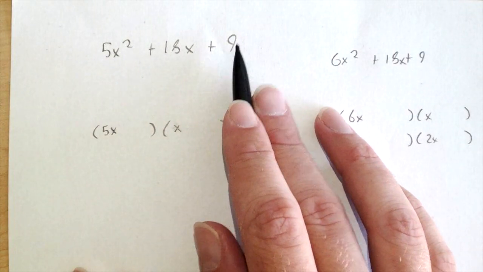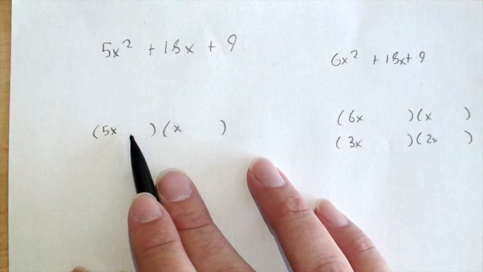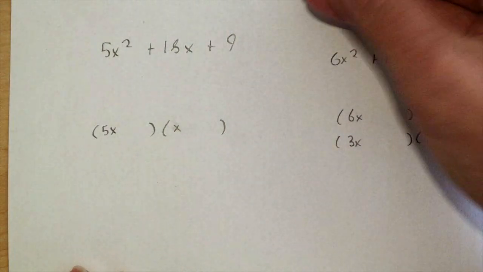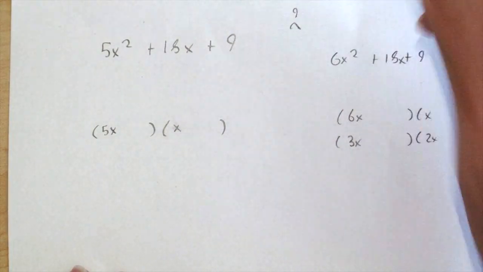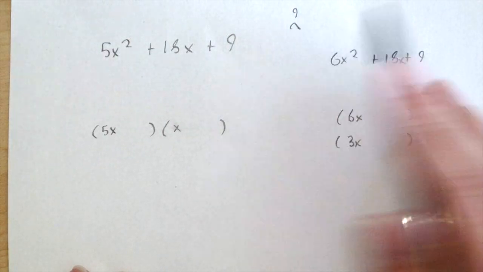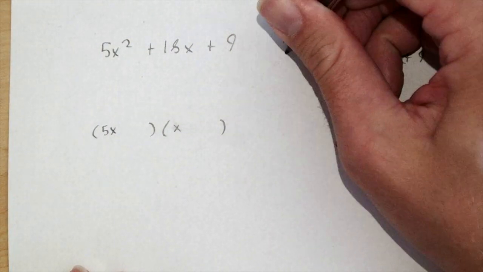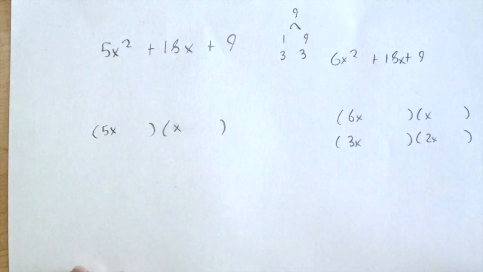So here, this is actually easier than you think. All we have to do is find two numbers that multiply to 9 to put here and here, okay? So it has to be factors of 9. So it has to be 1 and 9, or 3 and 3.